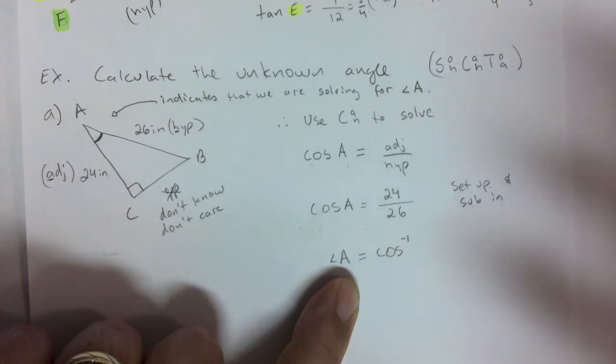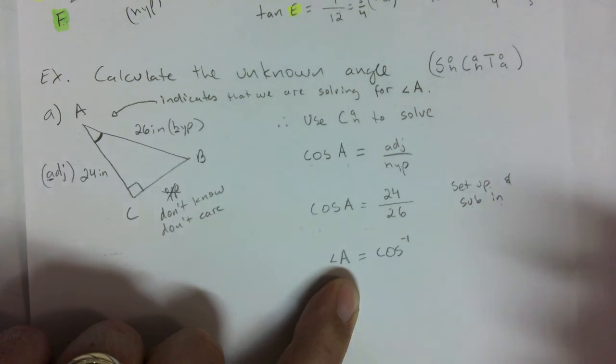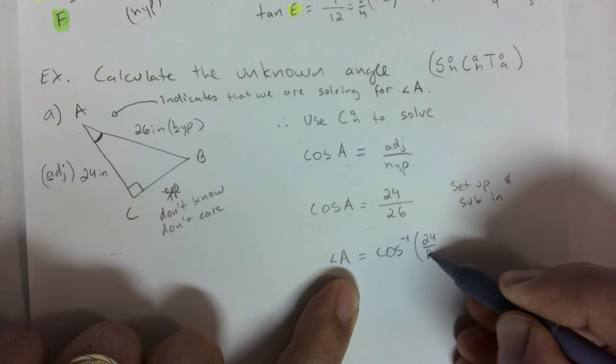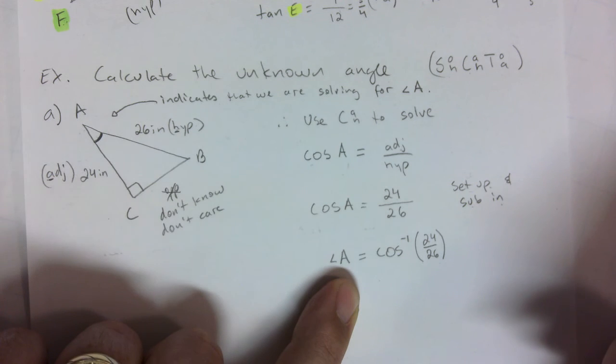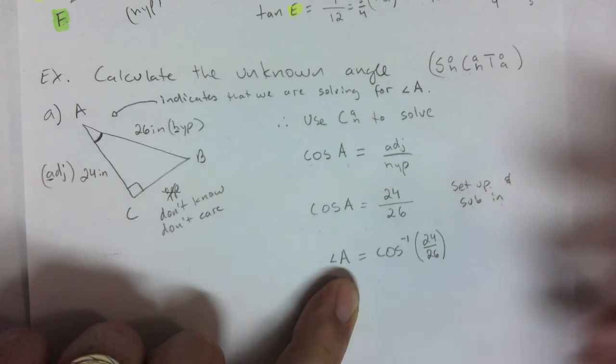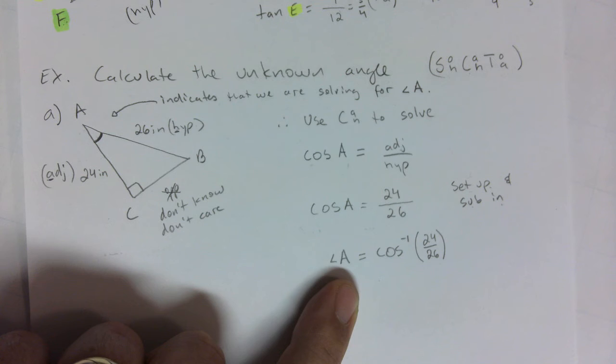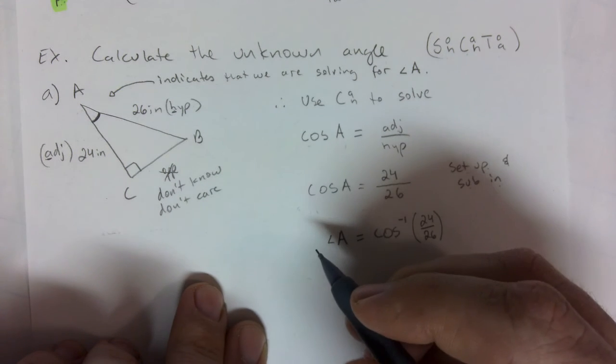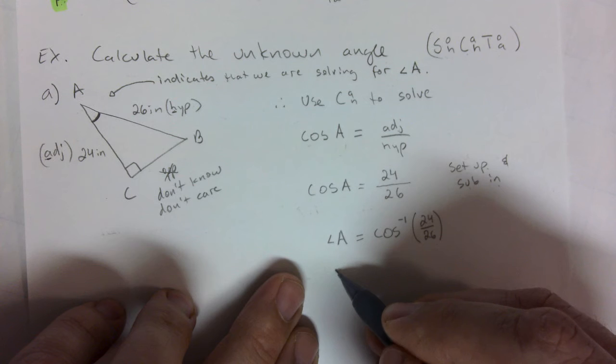It's not to the power of -1, okay? It's just the inverse of 24 over 26. I didn't simplify because in this case, it didn't ask me to just write the value of cosine of A. It asked me to actually solve for A. So I don't really care about it. And so we're going to find out what angle A is now.